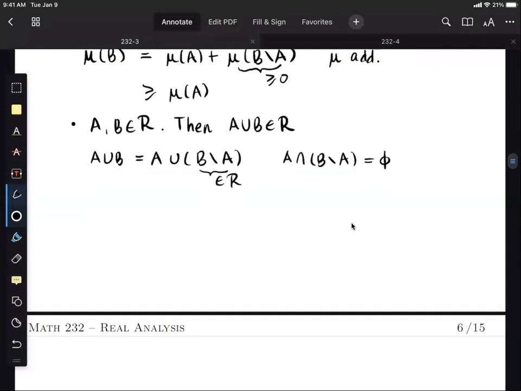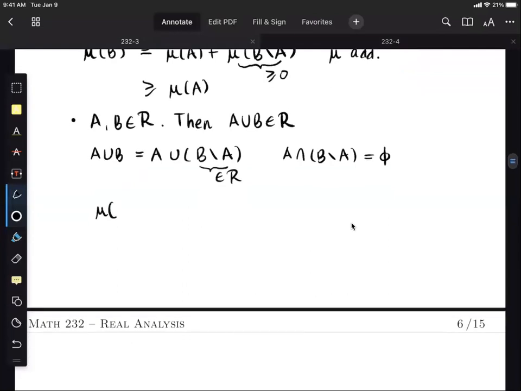With this, we can now apply, again, additivity of the content.